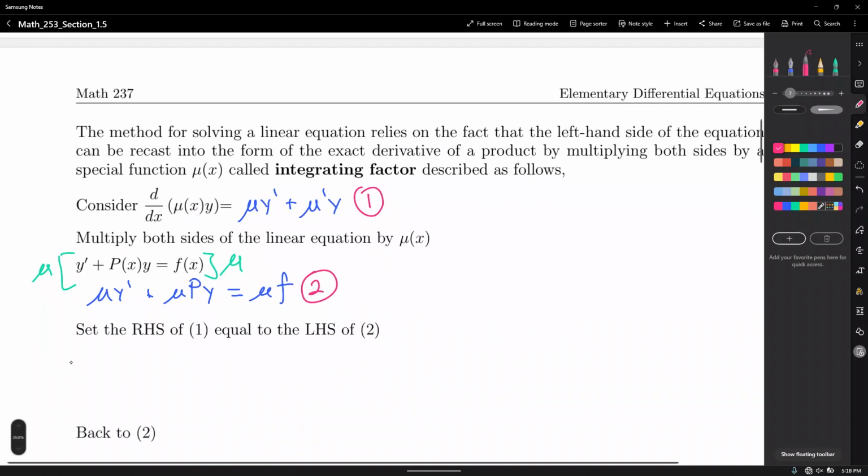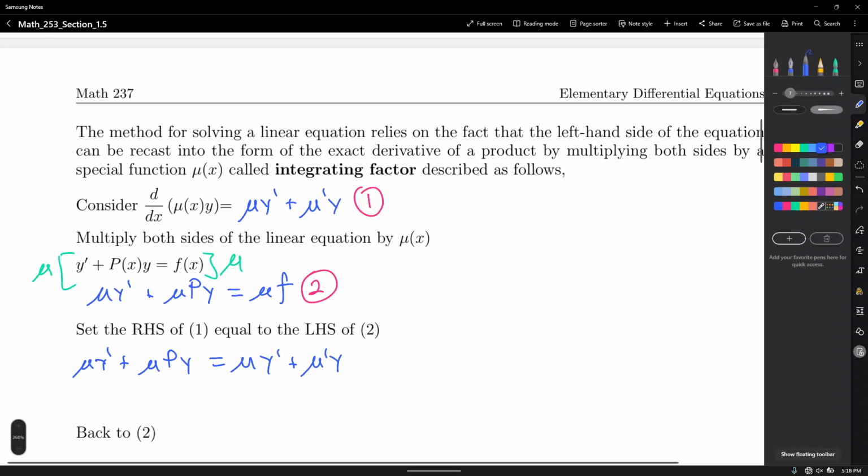So that'll be mu y prime plus mu p y equals mu y prime plus mu prime y, all right?